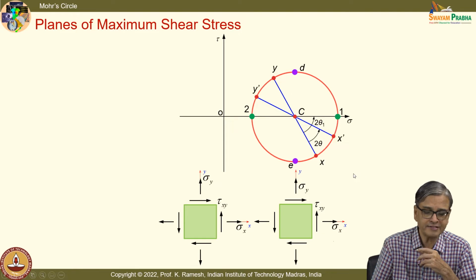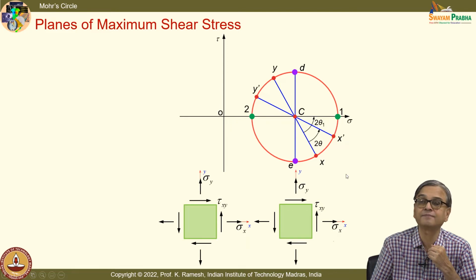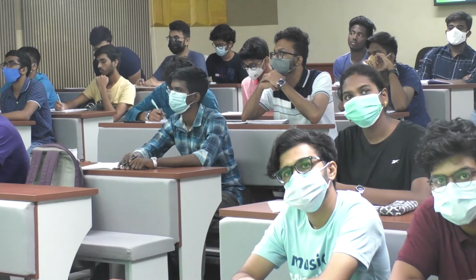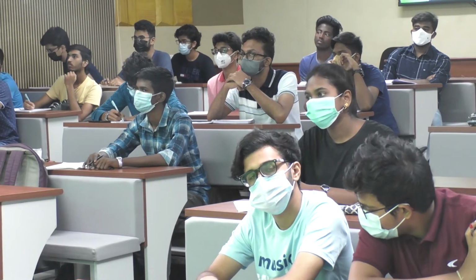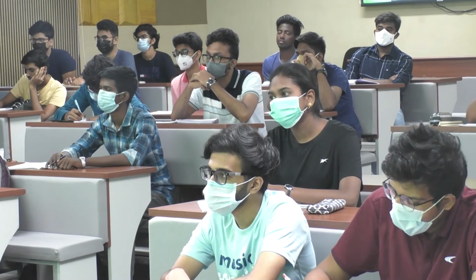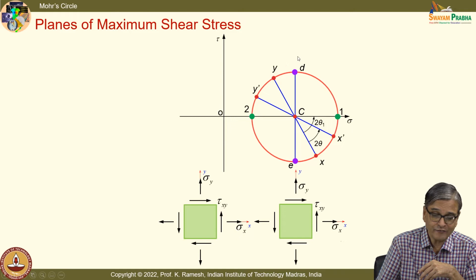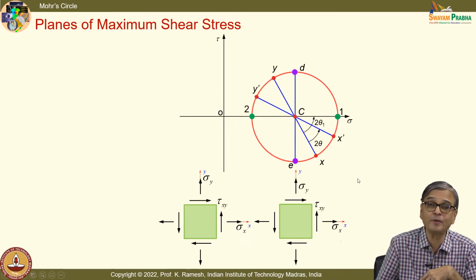And we have also made a statement that you have maximum shear stress occurring at points D and E. When you say mathematically something is maximum, you should also look at whether it is a local maximum or a global maximum. For a configuration like this it is definitely a maximum, but it is not the global maximum.